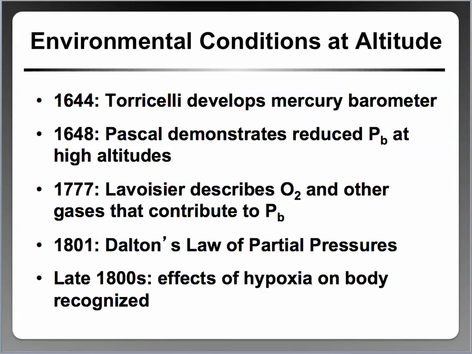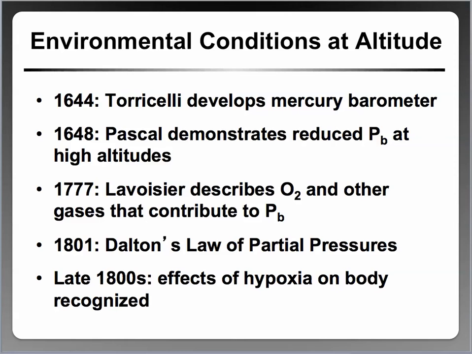Basically, it states that the total pressure exerted by a mixture of gases is equal to the sum of the partial pressures of the individual gases. So if we're interested in the atmosphere, it's made up of three gases. To determine the total pressure, all we need to do is figure out what each component is.